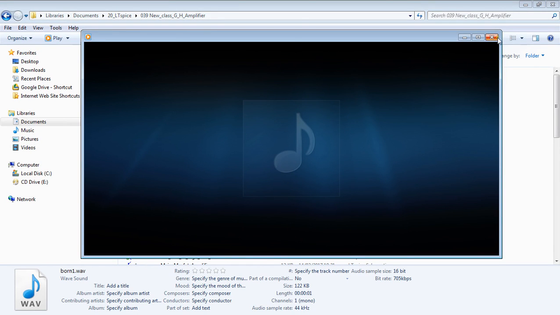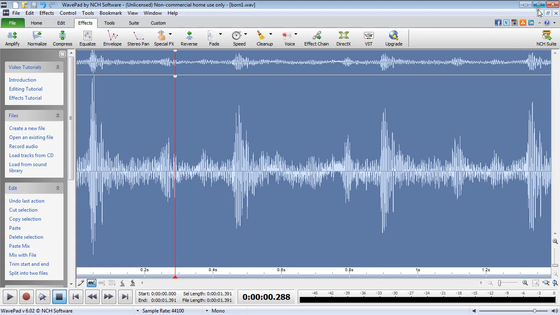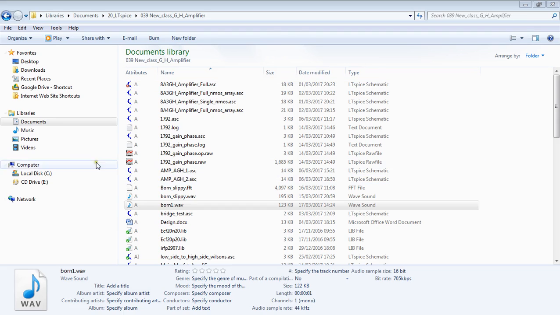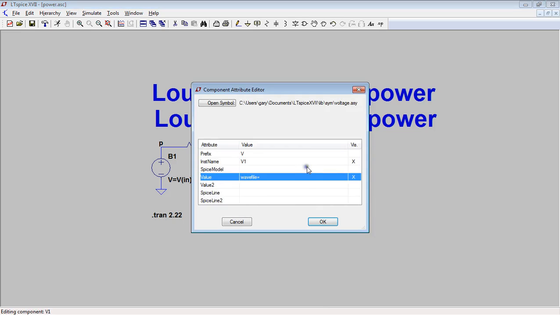Right, okay, I don't need to use a sampler anymore. Turn that off. Go to here. Put in wave file equals born1.wav.